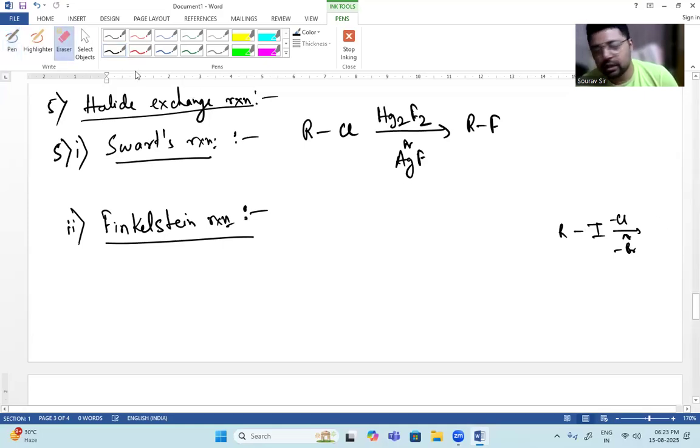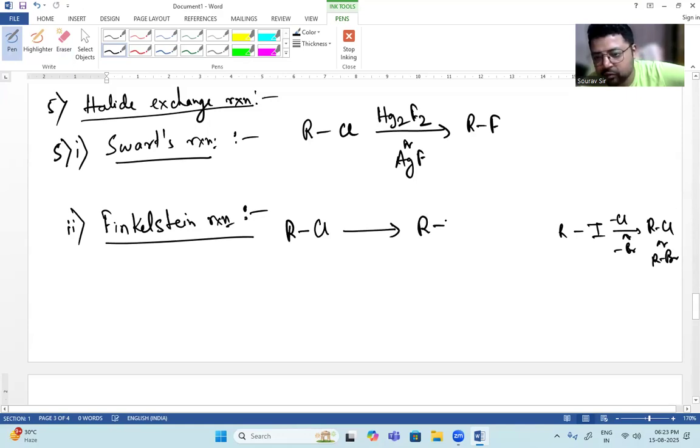Cl and Br can replace this iodine, but iodine cannot replace RCl. In this case, we will see that the lower alkyl groups, if you have RCl, you can make RI from it directly. This is true.